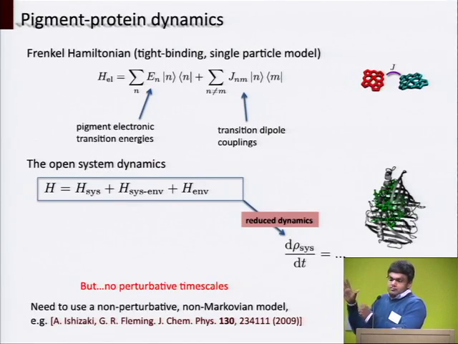You say that the environment is not moving very quickly, so I'm just going to say it's a constant. It's constant or moving very slowly, right? And this is a standard mathematical technique. You separate timescales, and you just talk about the timescale of interest. You ignore things that are happening too fast, and you ignore things that are happening too slow. But the thing about these systems is there are no perturbative timescales. It's really difficult to do this. And so you need a theory that can take this into account.